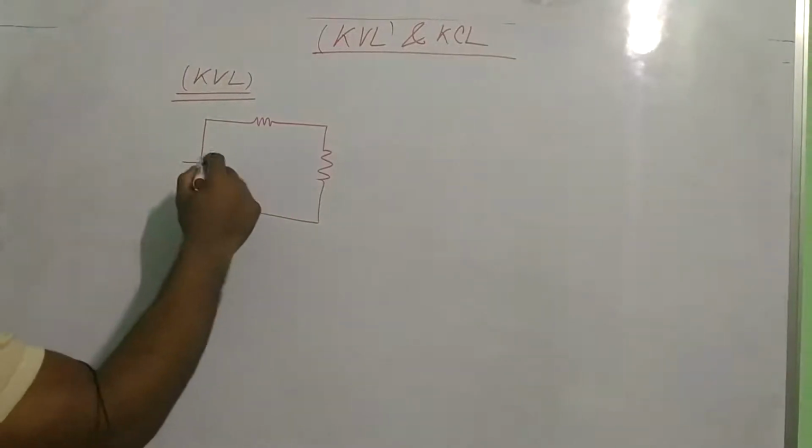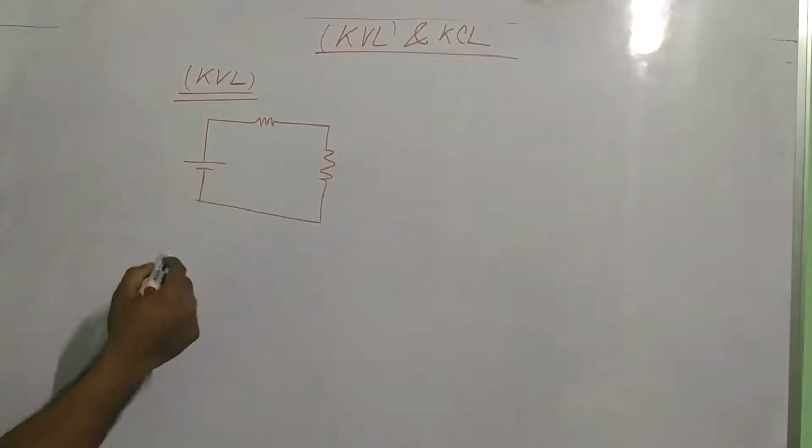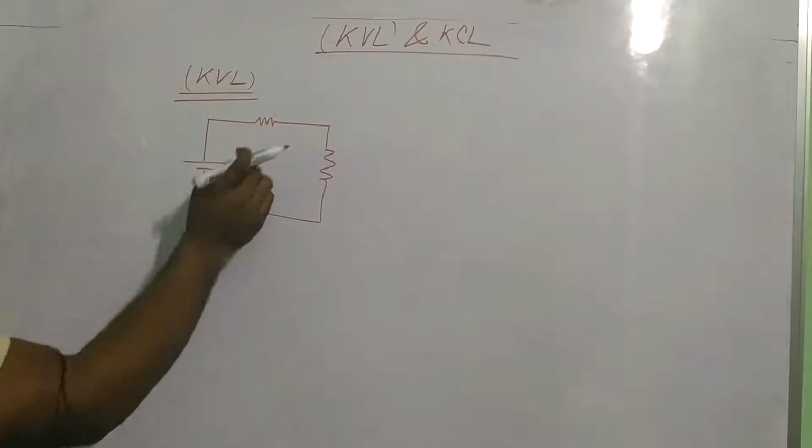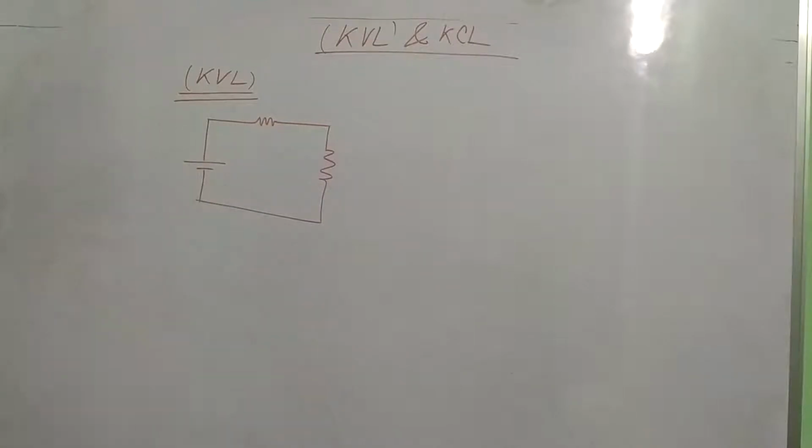So what is KVL? In a closed path, across any resistances or any sources, the voltage drop or voltage supply, the algebraic sum equals 0.